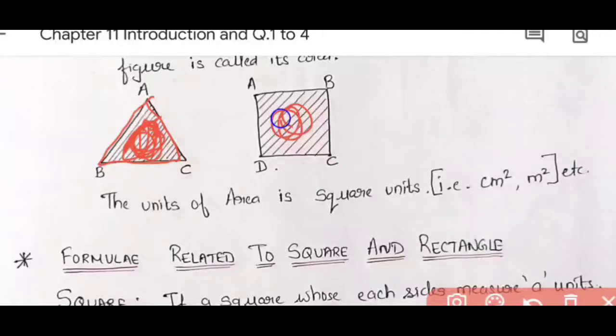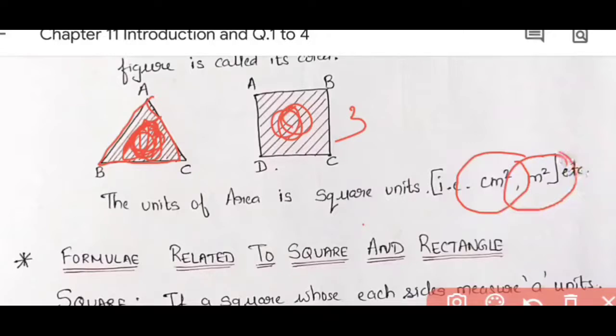Now the unit of area is square unit. That means if AB is 3 centimeter, then according to the formula, whatever the answer will come, it will come in square centimeter. It is written like this, centimeter square, but it is pronounced as square centimeter. If it is in meter, then square meter, but we will write it as meter square.